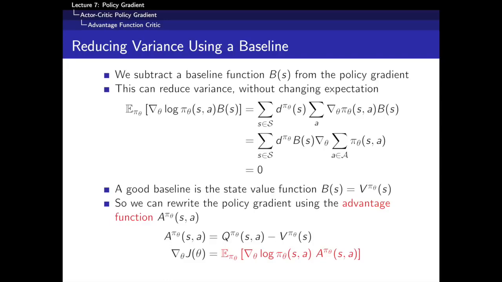This is a probability distribution, so it must sum to 1. So now we have the gradient of 1. The gradient of a constant is always 0. And so this whole term is actually 0. This whole term that we're adding or subtracting has 0 mean. It's got 0 expectation. So it's completely legitimate to add or subtract any term of this form.